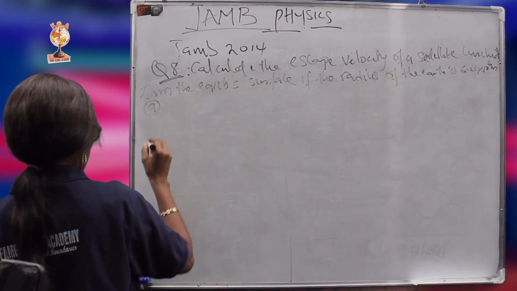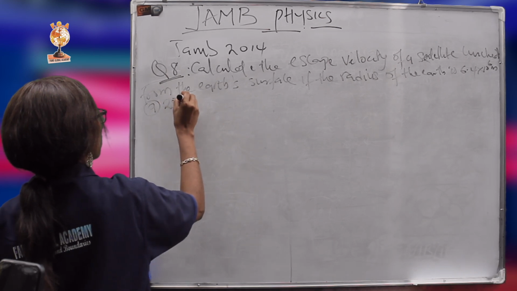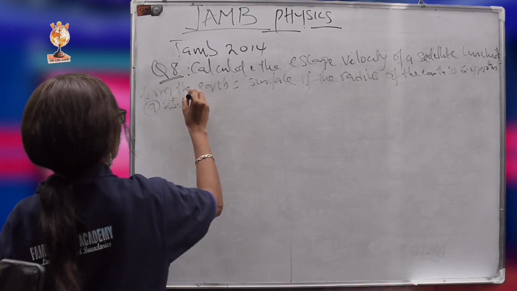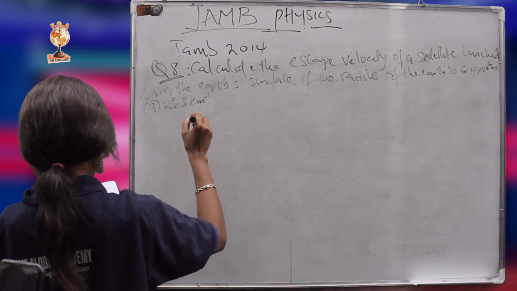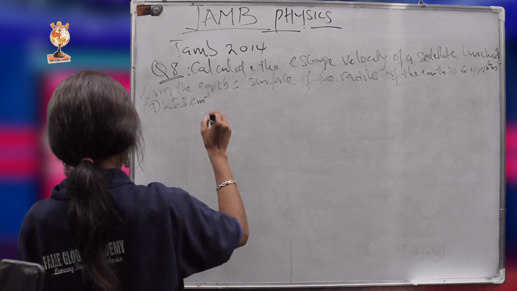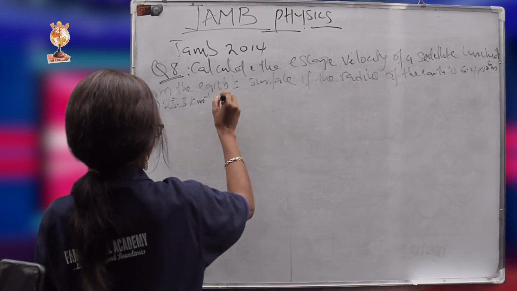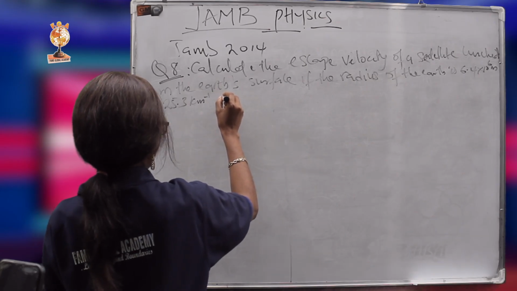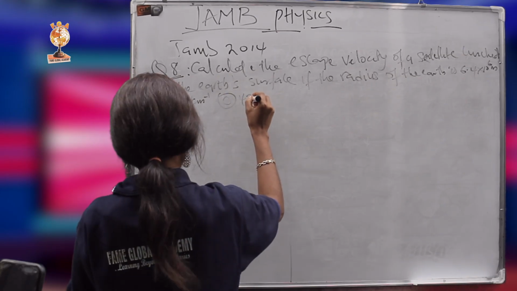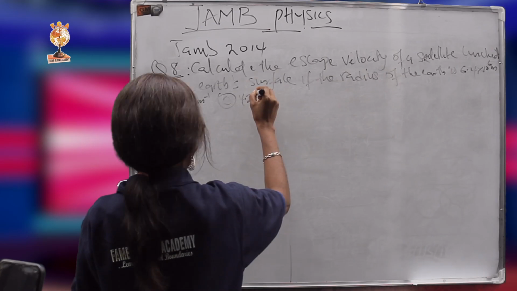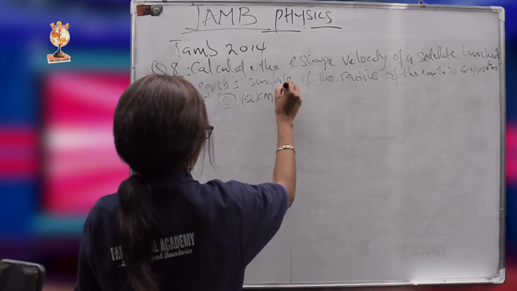I have A, 5.3 kilometers per second. And then we have B, 4.2 kilometers per second.